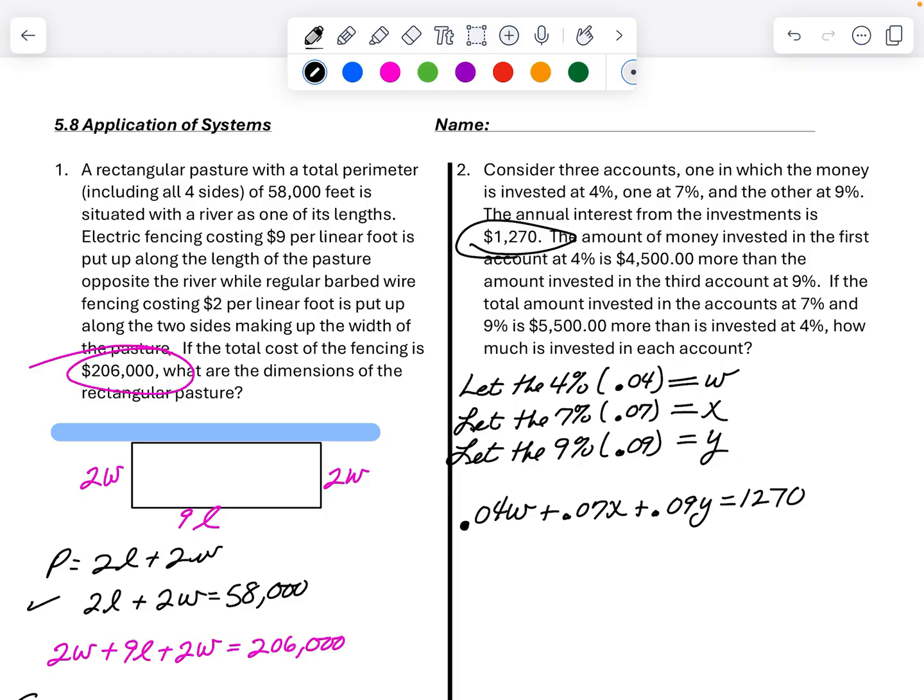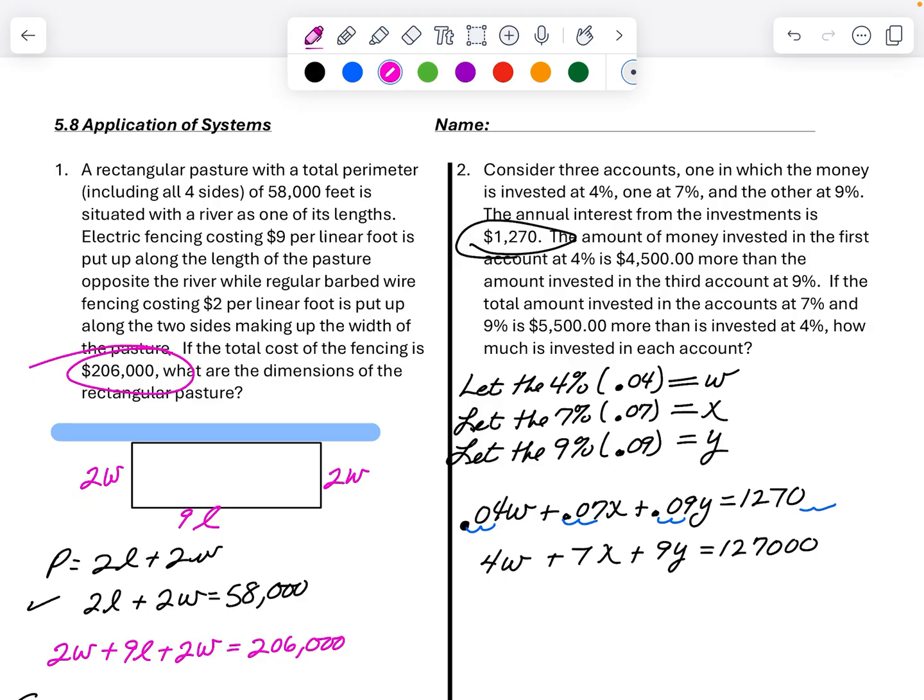Okay, I don't like all those decimals, so I'm going to move all the decimals twice to the right so that I don't have to type in 0.04. I can just have 4W plus 7X plus 9Y equals 127, and then 2 more zeros. But you could leave the other equation if you wanted.